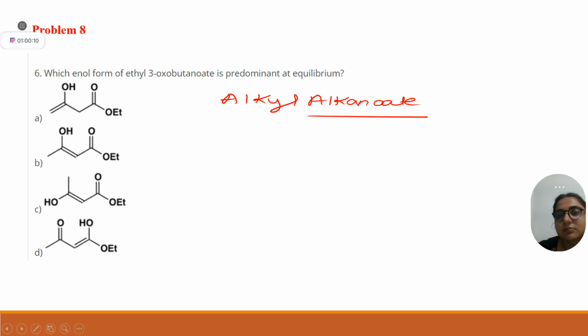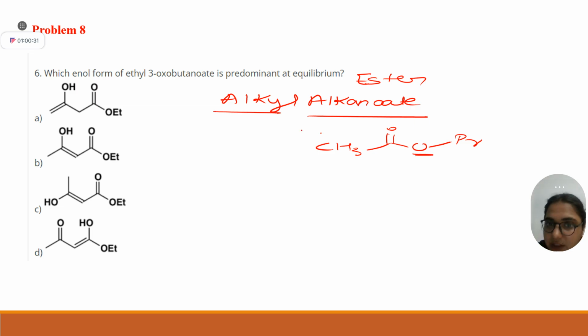Esters, right? Let's say you are having CH3COO and propyl. What will you call it? Propyl, the alkyl group, is attached to the oxygen.